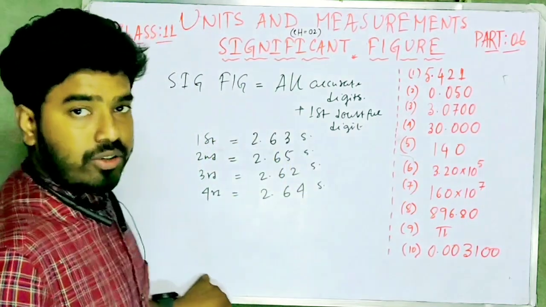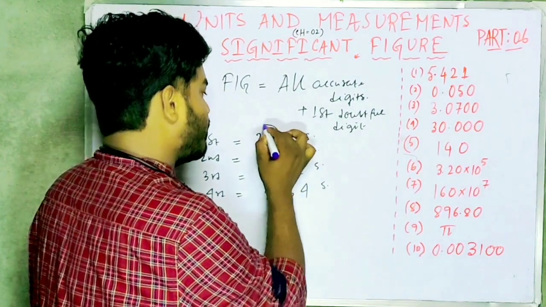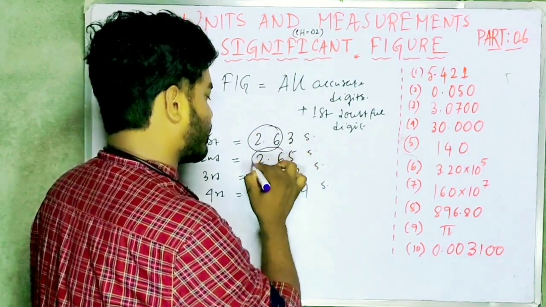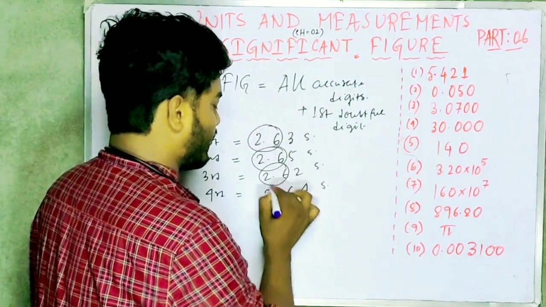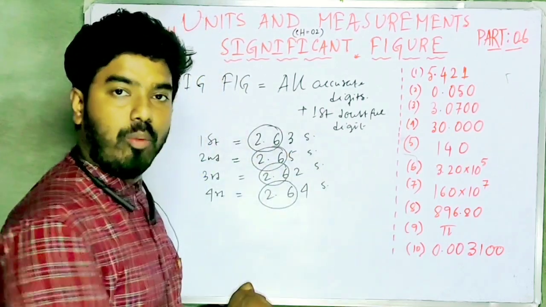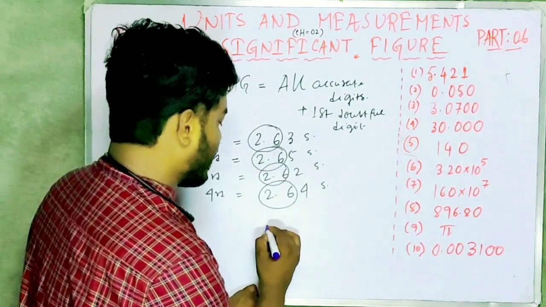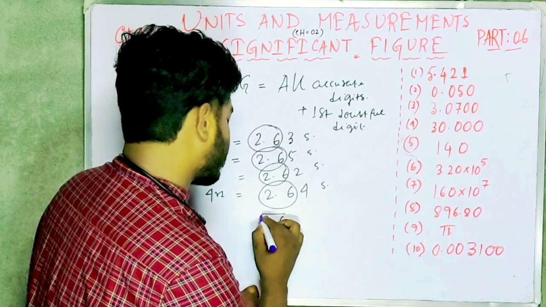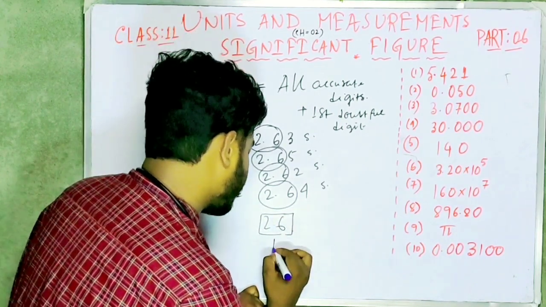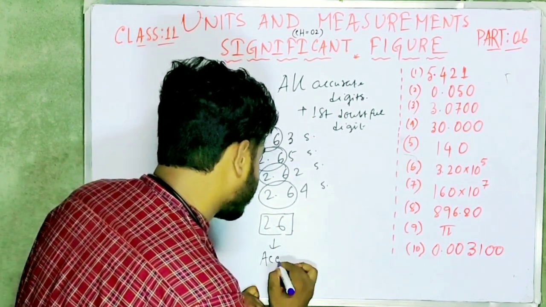Okay. So just check for every measurement, 2.6 is the common value, the common digits. So we can say that here 2.6 represents the accurate digits.